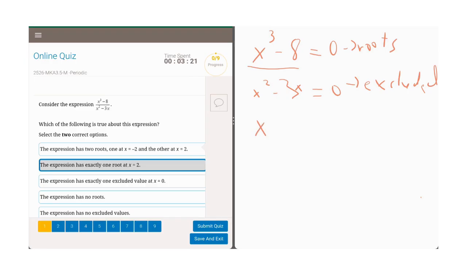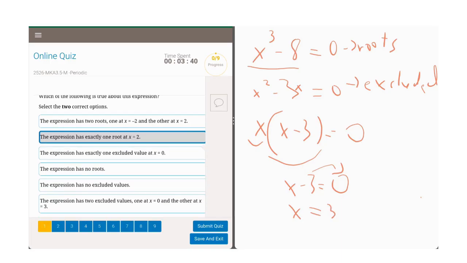So we can factor x out. We'll be left with x minus 3 inside. So each of these factors has to be equal to 0. So x equals 0 and x minus 3 equals 0. So move 3 to the other side, you'll have x equals 3. So that means the excluded values will be 0 and 3.